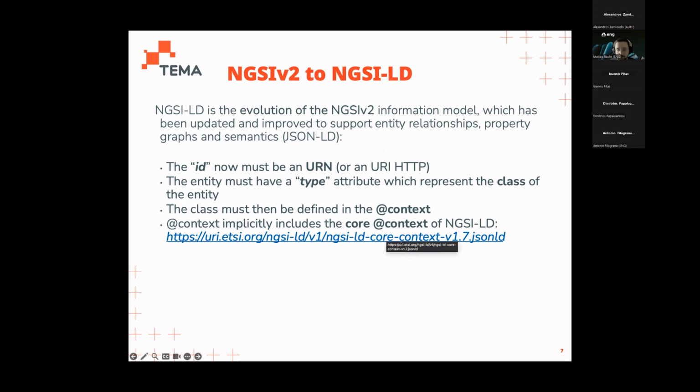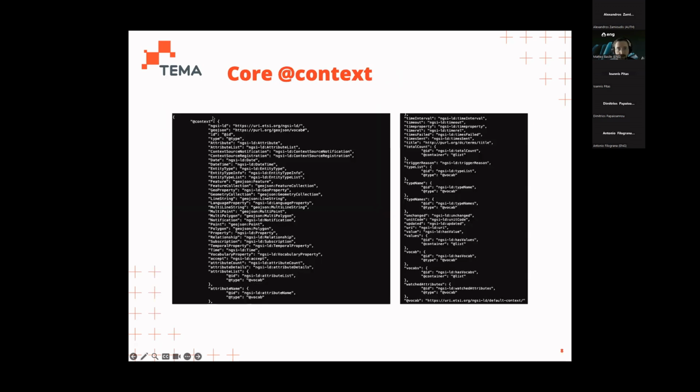If I open this context here, you see that there are the most common attributes in the data. For example, you frequently have the date observed or the location. And for that, the default context of the NGSI-LD context broker defines the type of this entity.